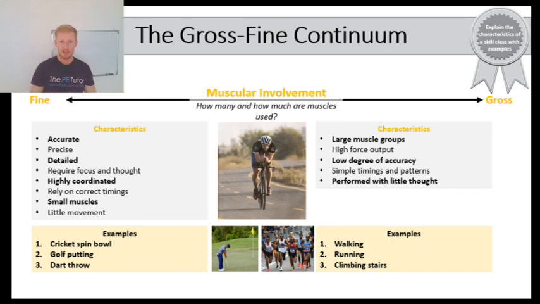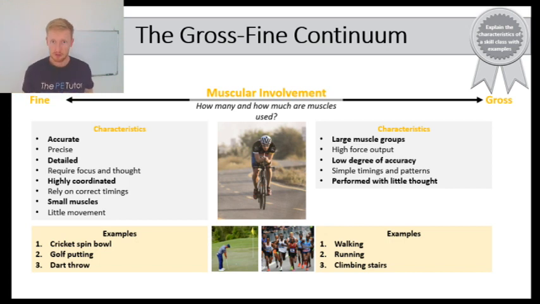Golf putt. Yes, it's your whole body, but the muscles which are actually controlling the swing are moving very slightly. Accuracy is so important. We're not just hitting a ball, we're hitting it along a precise line, gauging gravity, friction with the grass to try and end it in the cup. Gross skills then, the opposite.